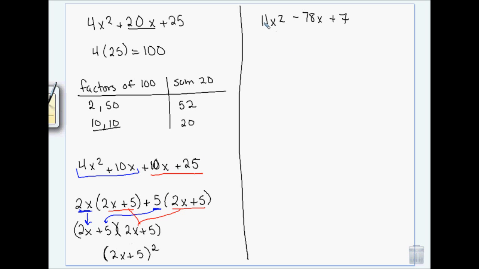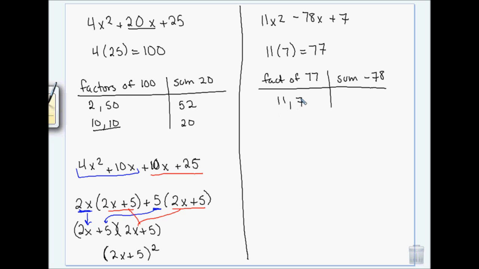I'm going to take 11 times 7, and that's going to give me 77. And I'm looking for factors of 77 with a sum of negative 78. Well, we've got 11 and 7. If I did those both negative, that would give me negative 18.